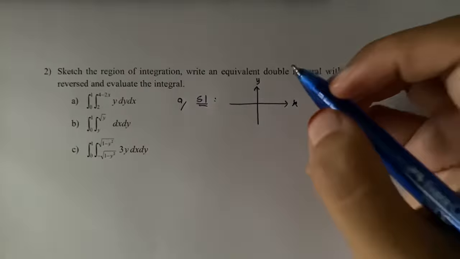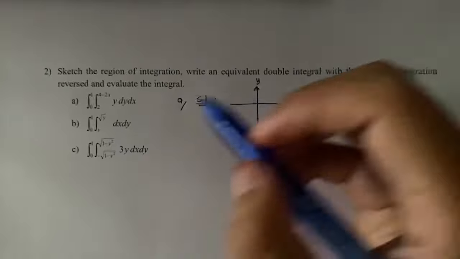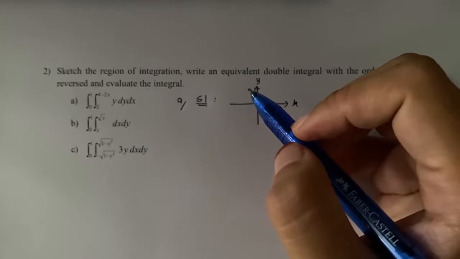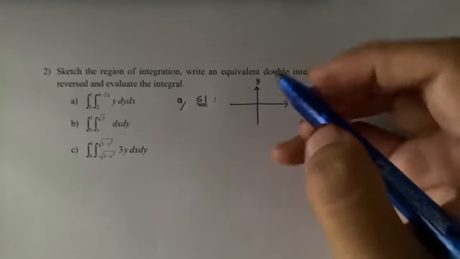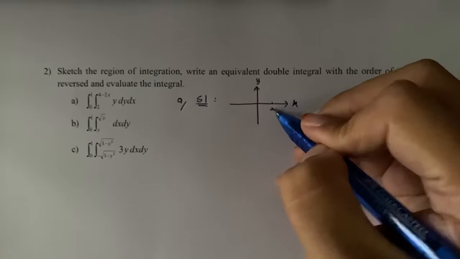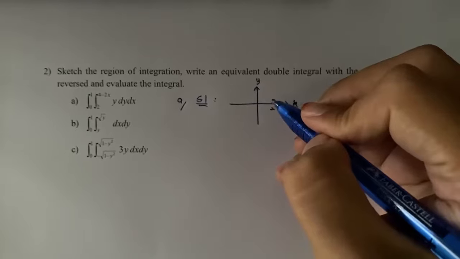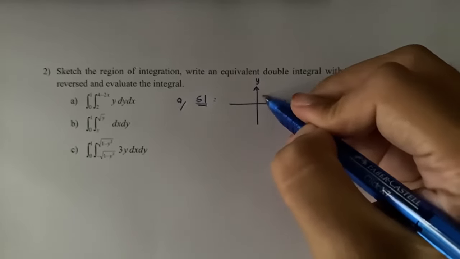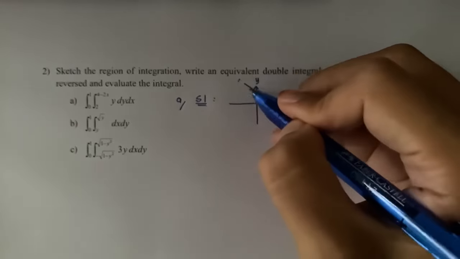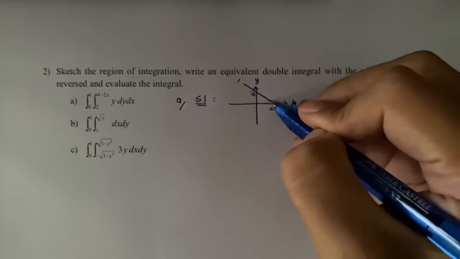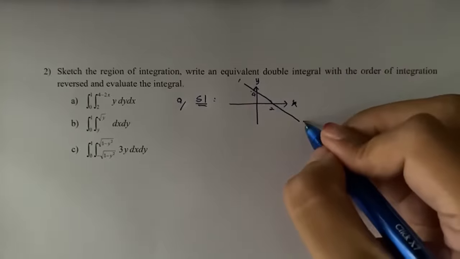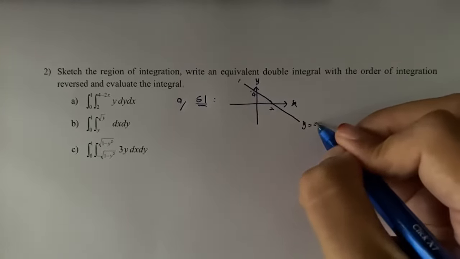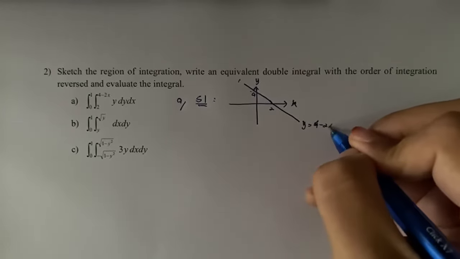y equal to 4 minus 2x. When y equal to 0, x is equal to 2. And when x equal to 0, y is equal to 4. So this is 4. So this is the line y equal to 4 minus 2x.